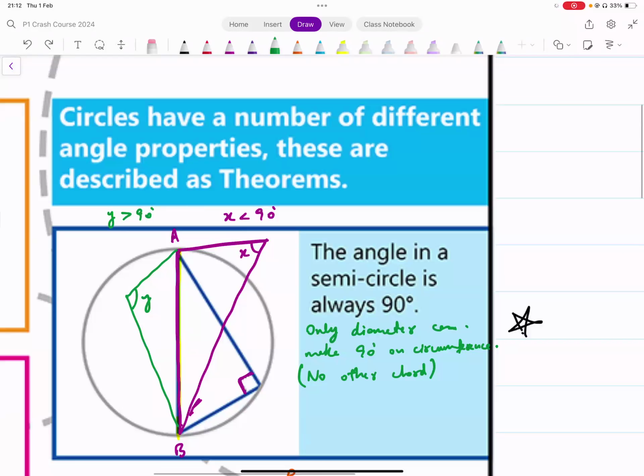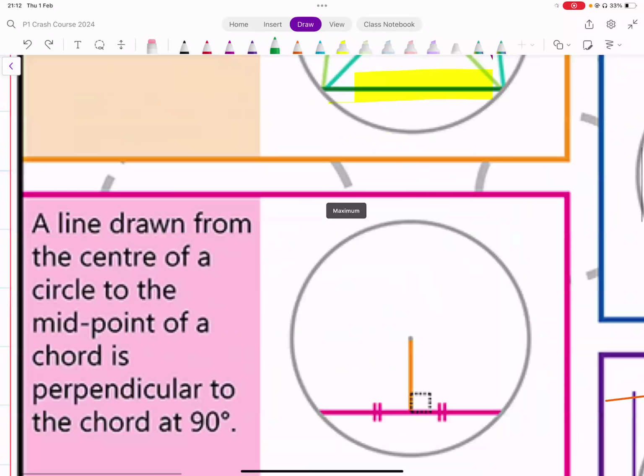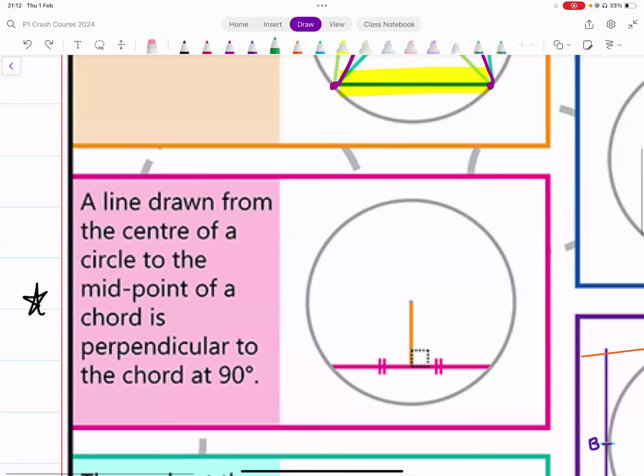Okay, let's move on to the next one. This is another very commonly used property. If you have a chord, and a line comes from the center of the circle to the midpoint of that chord, the angle made is 90.